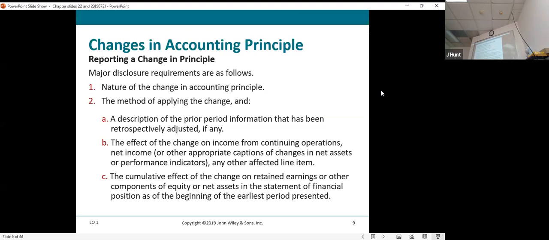So that's what A, B, and C are. So you have the prior period information, the effect of the change on income from continuing operations, net income, and any other affected line. So that's what the table would have. And then the cumulative effect of the change on retained earnings, okay? Because all your prior incomes that would have rolled into retained earnings would have now been changed, right? So your opening retained earnings has to be restated, okay?